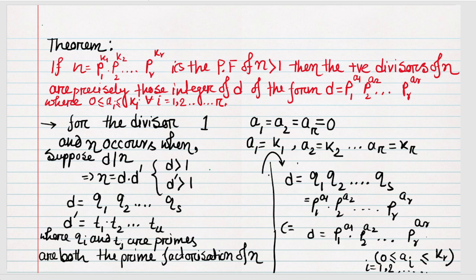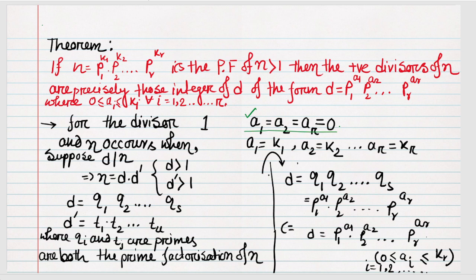Initially we think about 1. Suppose 1 is a divisor; then the powers will all be 0, that is a1, a2, up to ar are all 0. And secondly, every integer has two common divisors, 1 and the number itself.